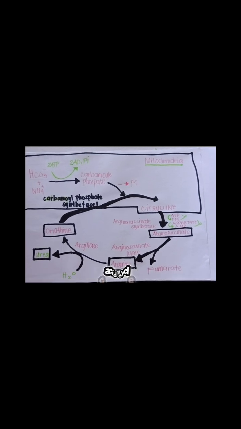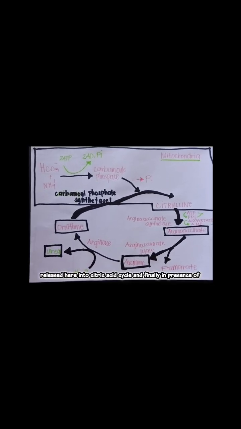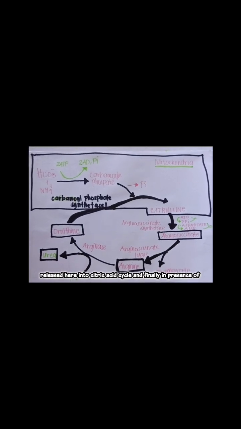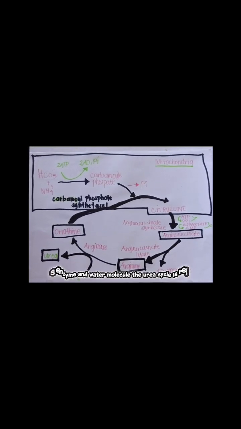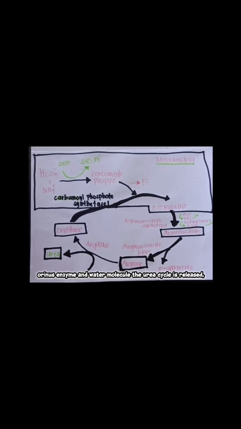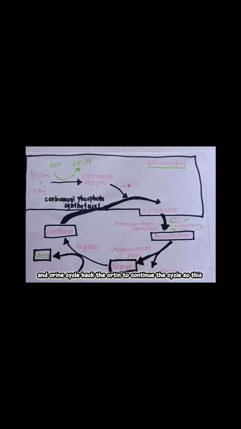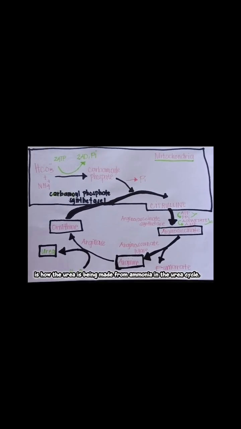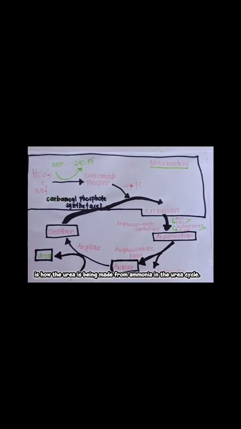The fumarate released here enters the citric acid cycle, and finally, in the presence of the enzyme arginase and water molecules, arginine is hydrolyzed to release urea and ornithine, which cycles back to continue the cycle. So this is how urea is being made from ammonia.